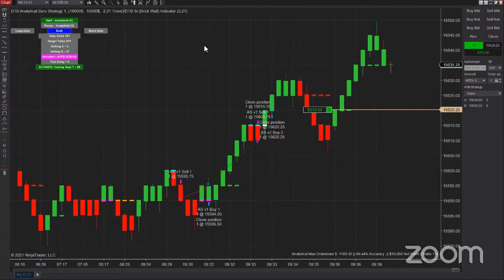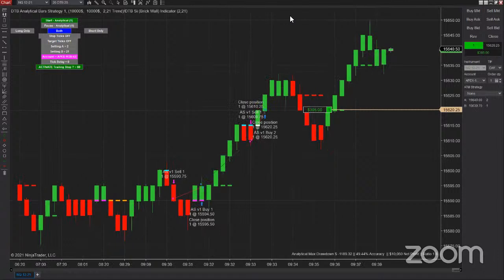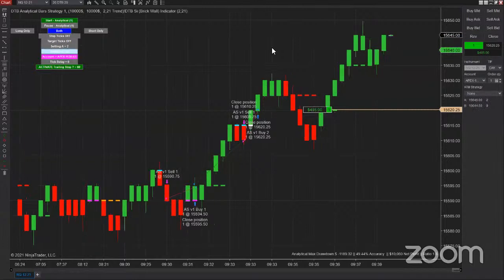I think it's because the strategy still believes that it should be in a position. Just keep an eye on it and see what happens. I haven't got an exact answer for that. I would just hate for it to do that if I were actually live with real money. Well, I think sometimes the sim accounts do not show the values properly.